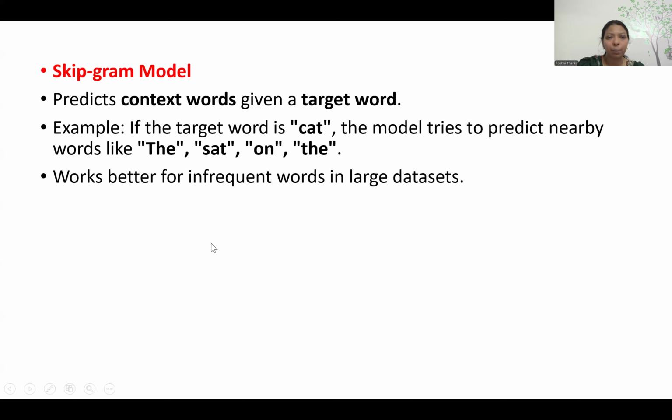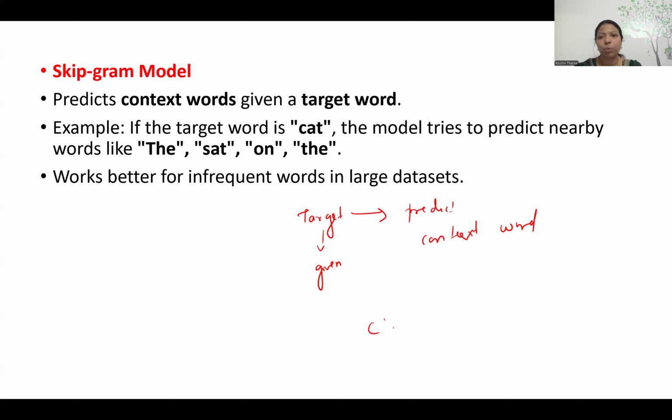What is the skip-gram model? It is the opposite of CBOW. Here, the target word will be given. By the given target word, we have to predict the context words. That is the only difference.